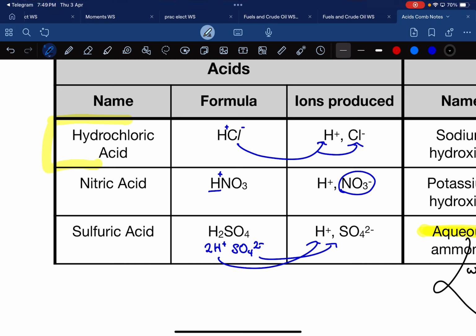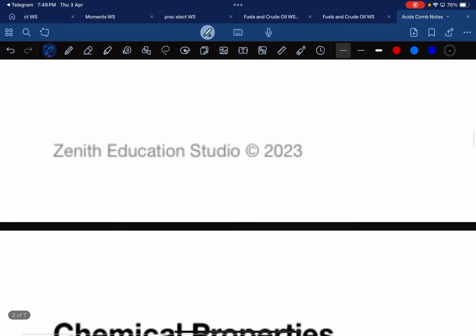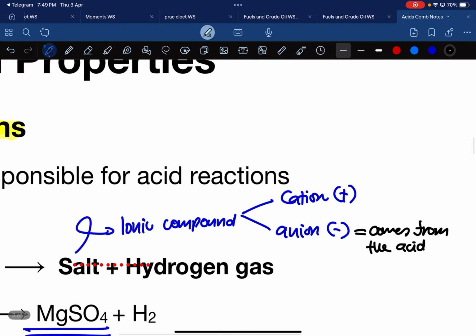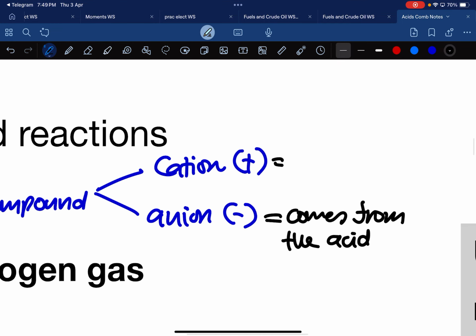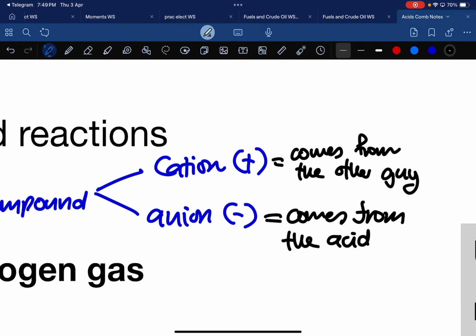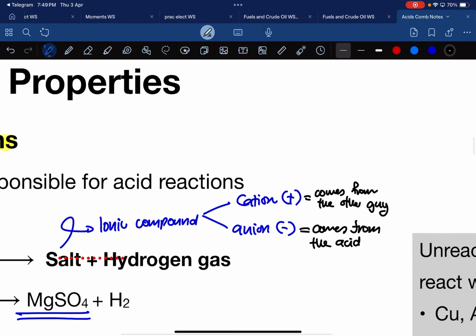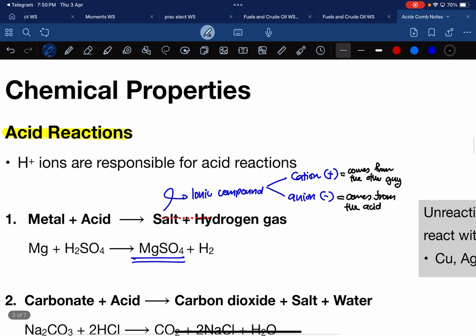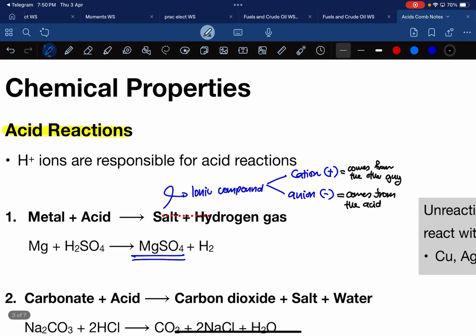Are we clear? Then who's the cation? The cation comes from the other guy, in other words, whoever the acid is reacting with. So if I'm reacting with Mg, I will get magnesium sulfate and hydrogen gas.